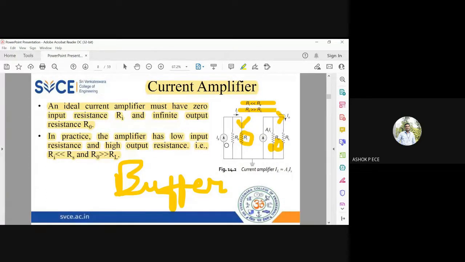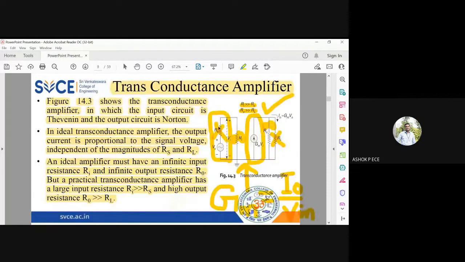So you can conclude that whenever you have a Norton's equivalent circuit, the corresponding impedance has to be very, very small. Whenever I have a Thevenin's equivalent circuit at the input or output side, the corresponding resistance value should be larger. All these small things you conclude only when you understand the circuit clearly.